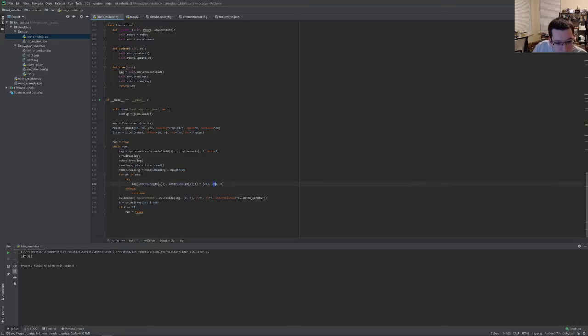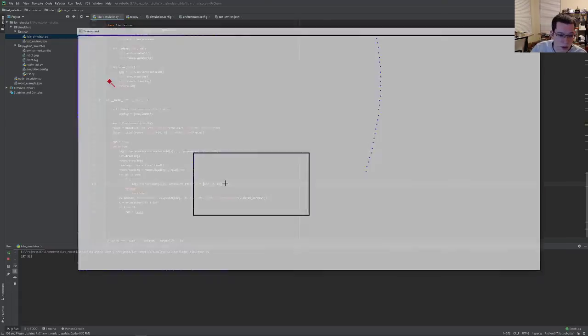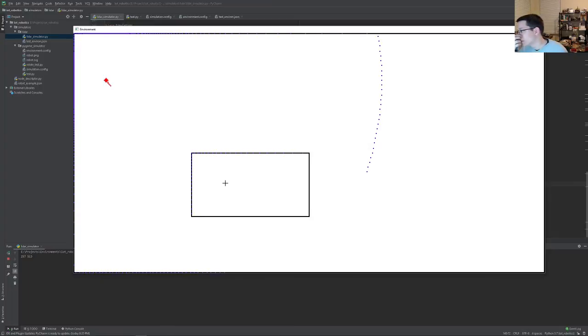Blue, green, red. There we go. That's probably a little better. All of these points that are hanging out here that aren't on a wall are there because I set a maximum range.